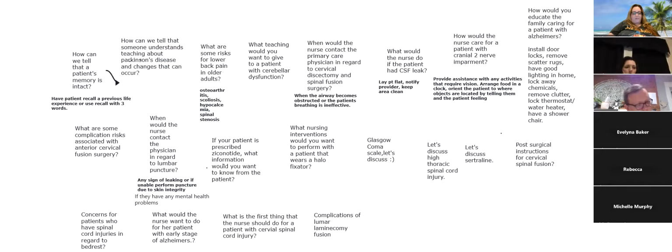Late stage Alzheimer's. Which assessment findings will the nurse anticipate? You think your patient will be mobile, late stage? Agitation.